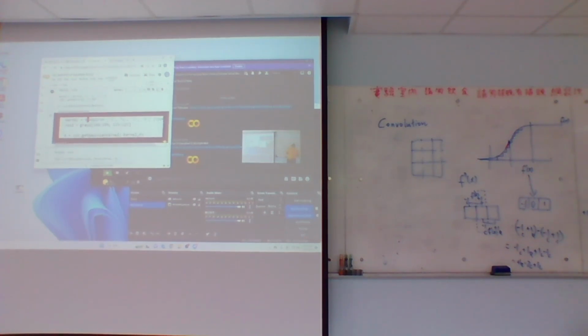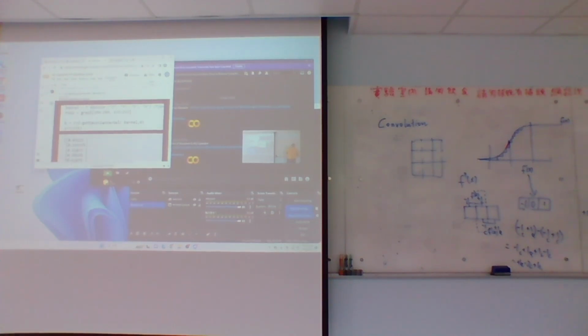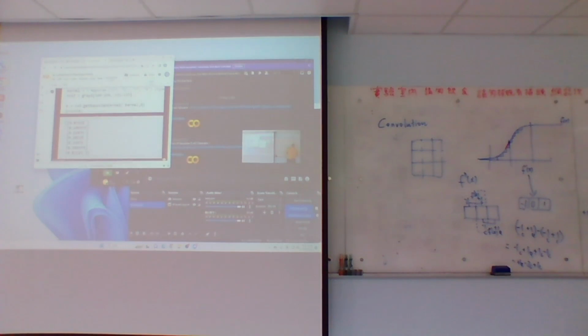And I guess we can print out what K looks like from 9 by 9. Now this is symmetric, so you just get 9 values. Oh, 7 values, because I set it to 7.